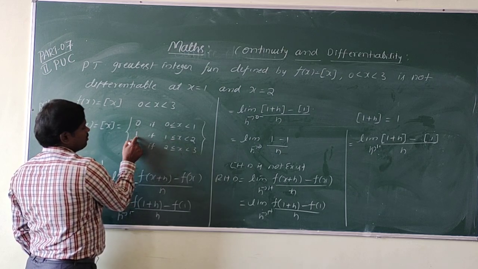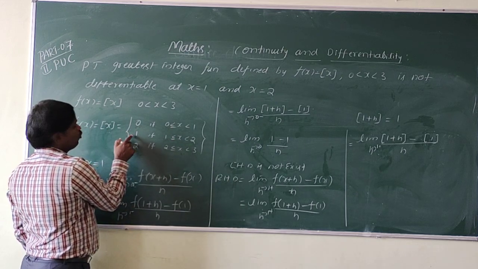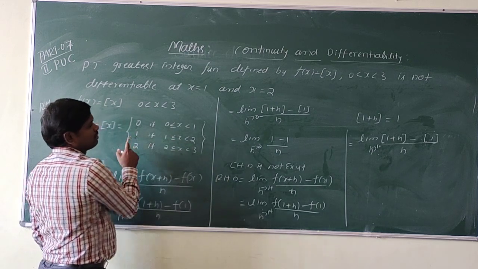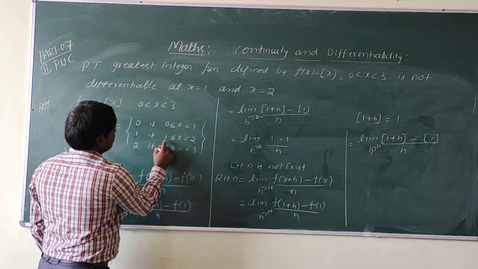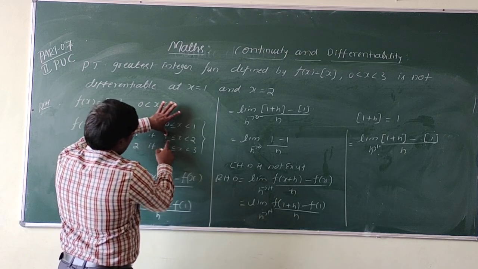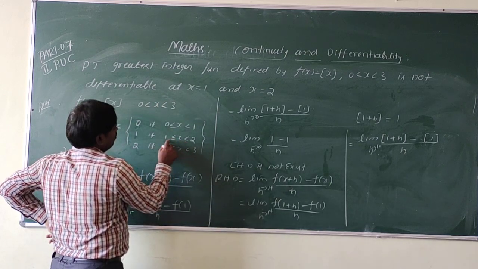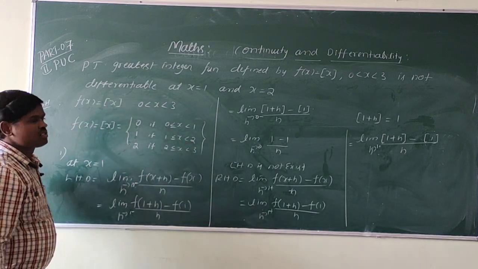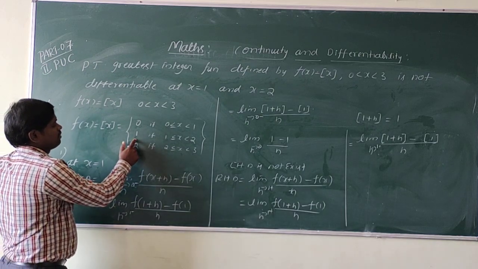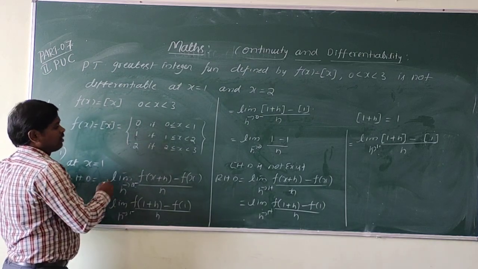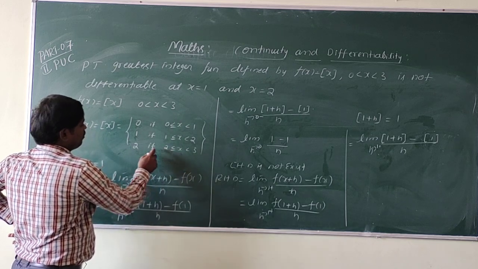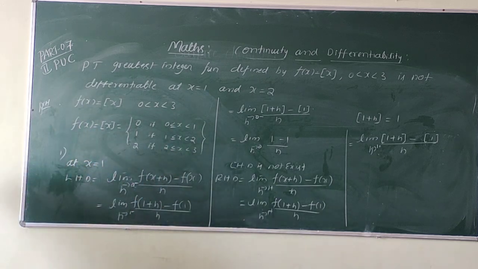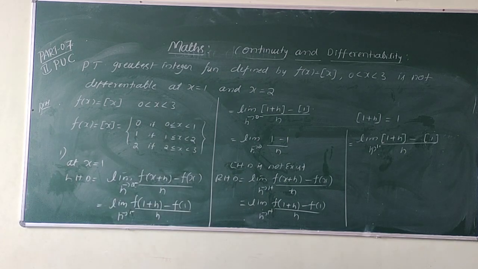Therefore its output is 1. So 1 plus h equal to 1.222, 1.999 and so on, its value is 1. For values between 2 and 3, including 2 and excluding 3, its output is 2.